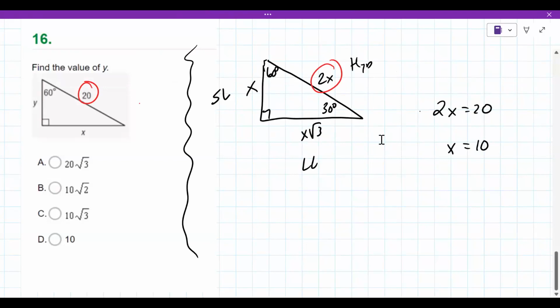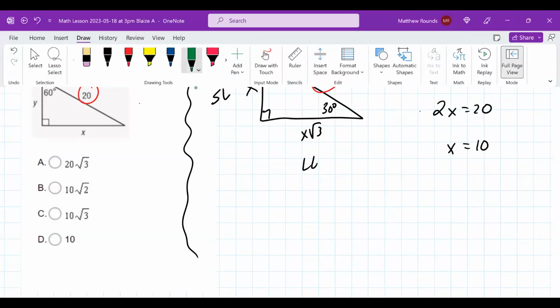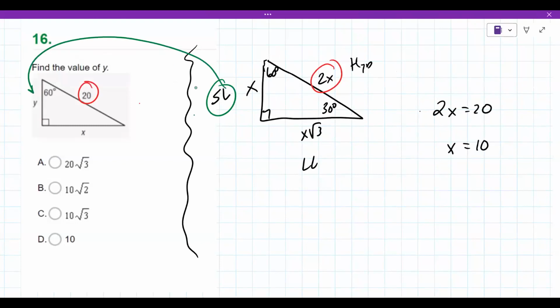Gotcha. Like everything we just did there is just for the reference triangle, but if you do a mapping here, it maps to the y. The y value is the short leg. So even though our x is 10, that's also the y value. Right. Okay, so if it's 20, it says 2x, I just divide that by 2 on principle.